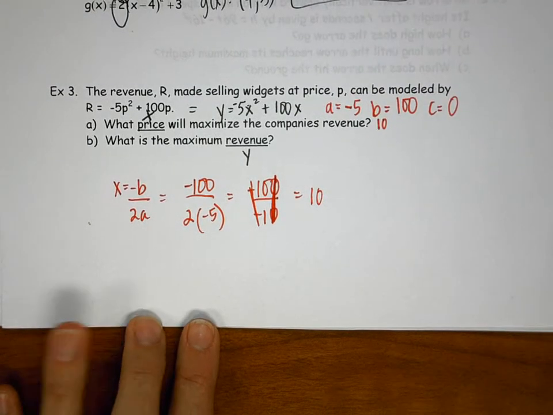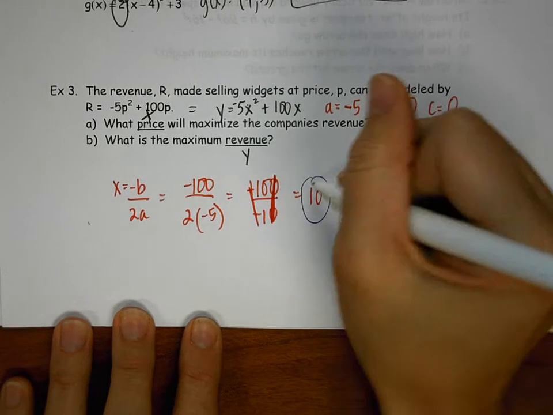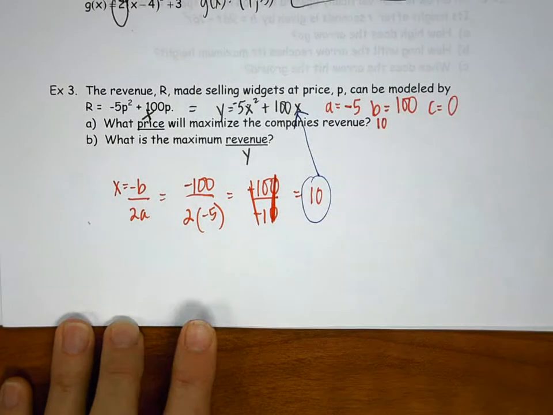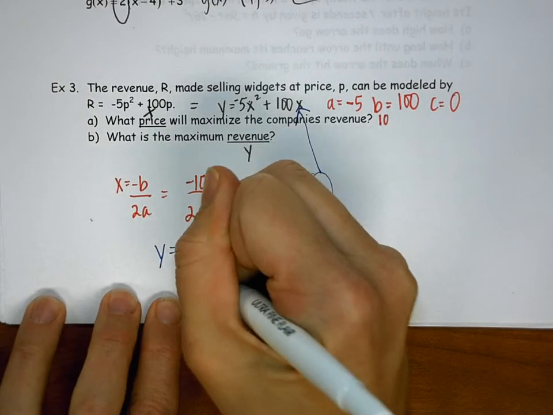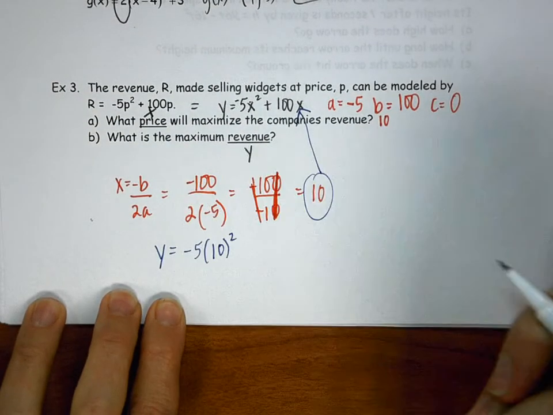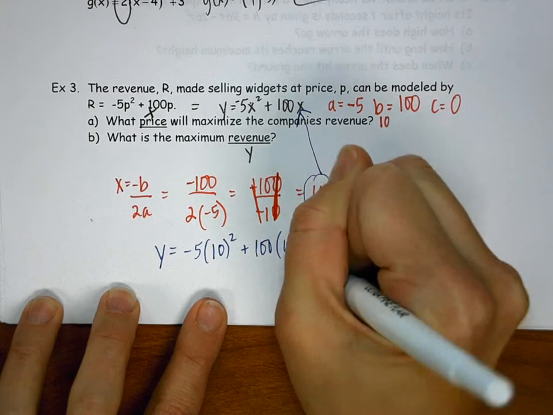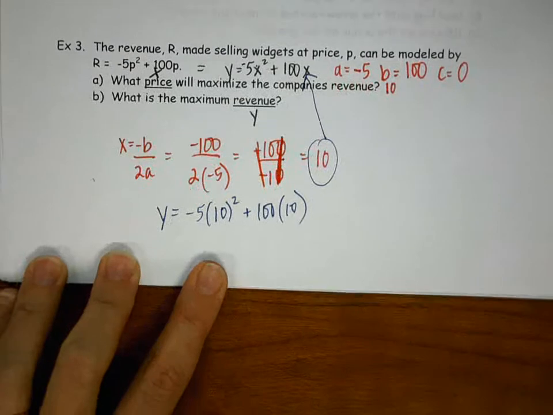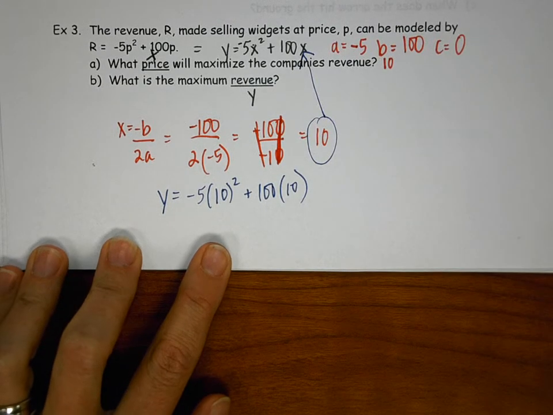How do I find B? Plug 10 into your original equation for x. So we have y equals negative 5 times 10 squared plus 100 times 10. When we do this, remember you always do exponents first.